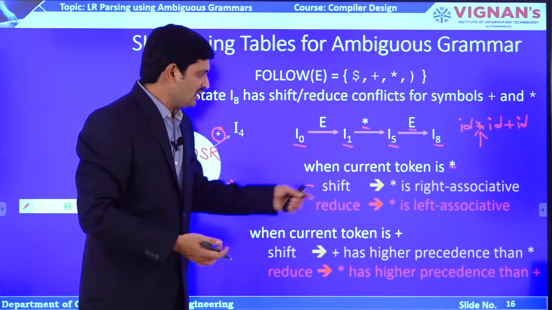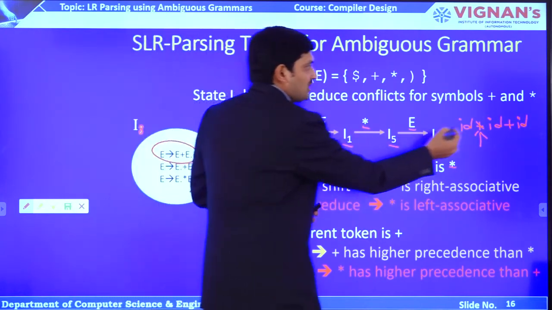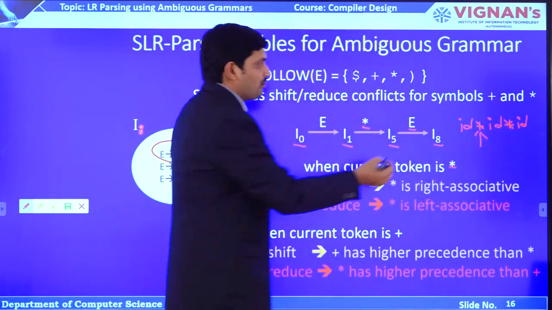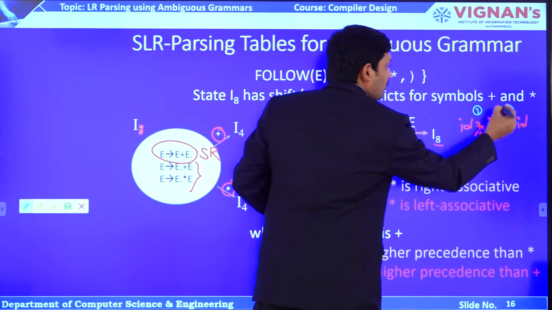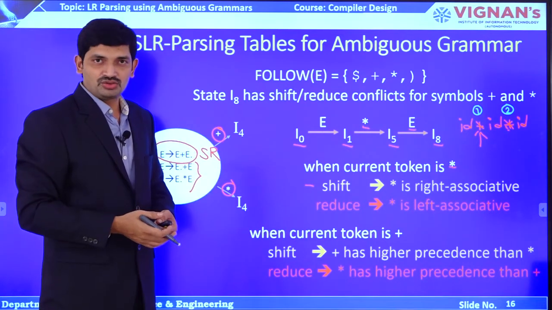Now, the question: when do we consider right associative and left associative? Suppose it is like this: both the operators are multiplication only, operator 1 and operator 2 both are multiplication. At that time we go for the associativity.